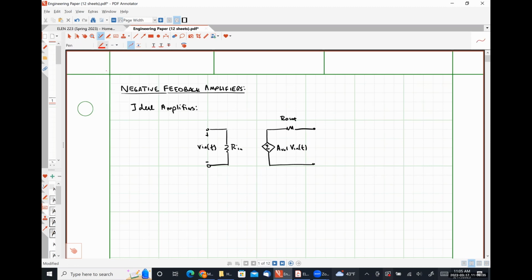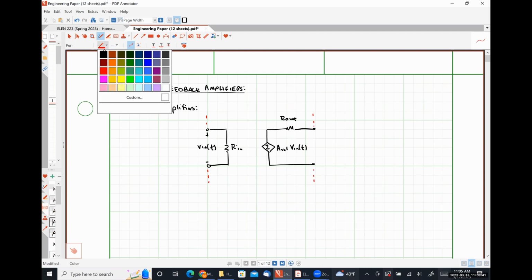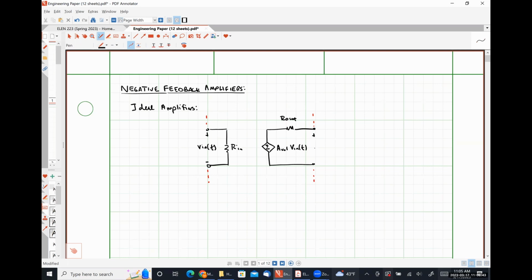So this portion of the circuit, again, represents the amplifier stage. On the source side of the circuit, we have some practical voltage source, RS, in series with Vs of t.